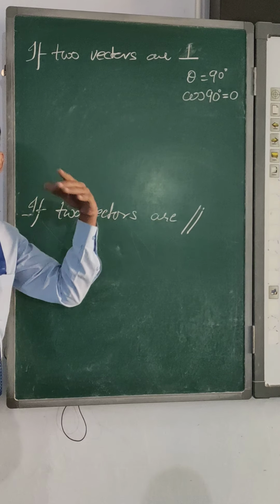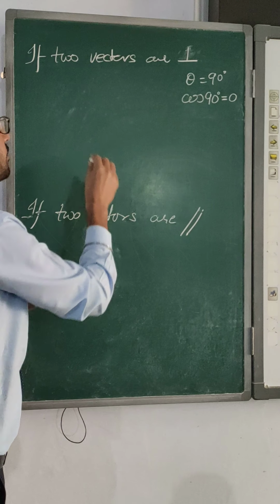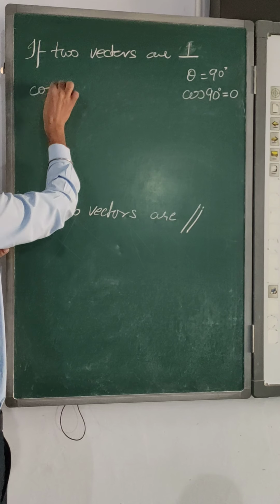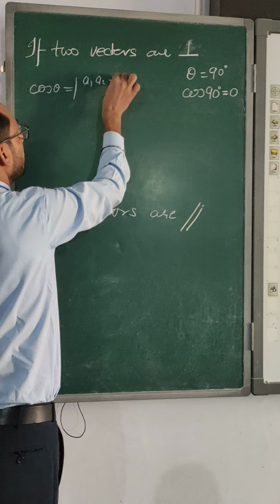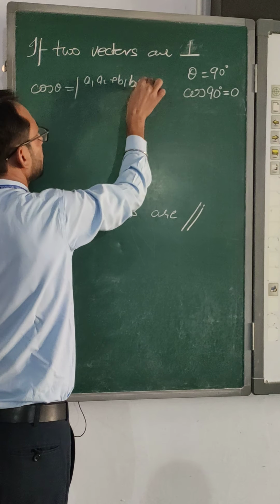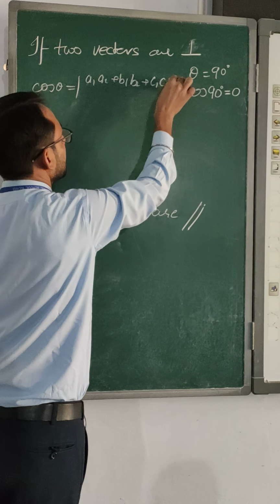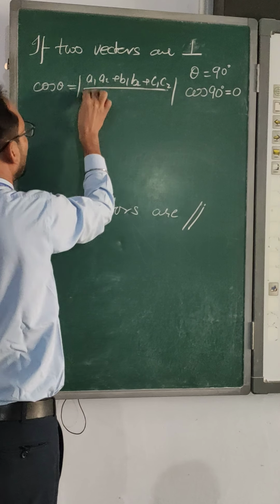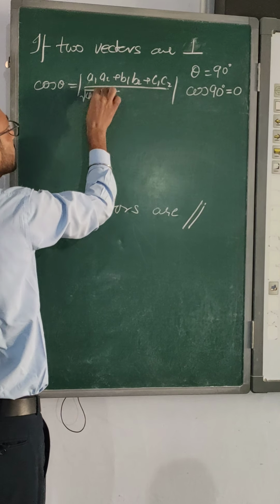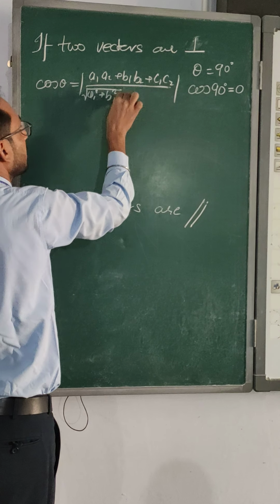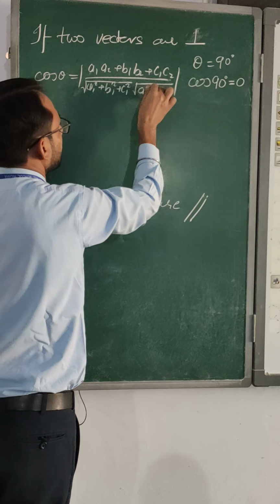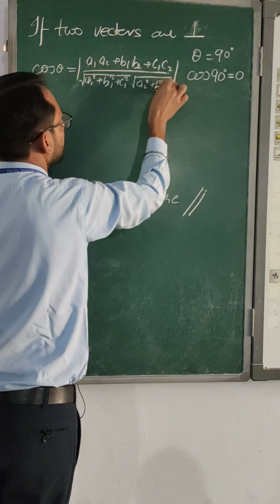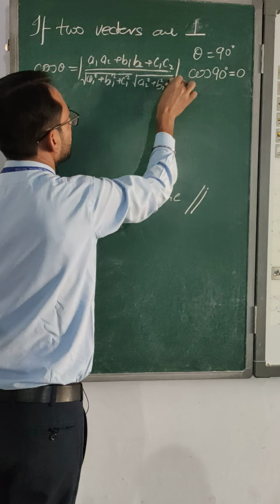So cos theta is equal to modulus of A1 A2 plus B1 B2 plus C1 C2 upon under root of A1 square plus B1 square plus C1 square into under root of A2 square plus B2 square plus C2 square.